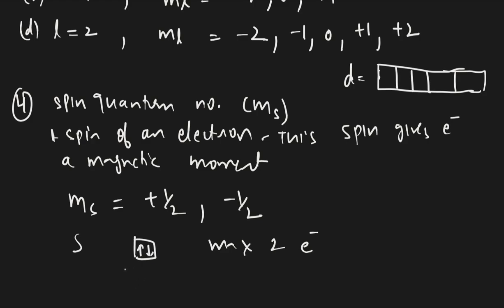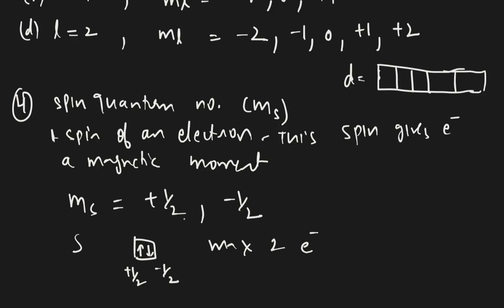The upward direction is considered as plus half spin, the downward direction is considered as minus half spin. They cannot be assigned towards the same direction. Okay, so there is a law for that. We are going to study that later on, but this actually represents the spin quantum number.